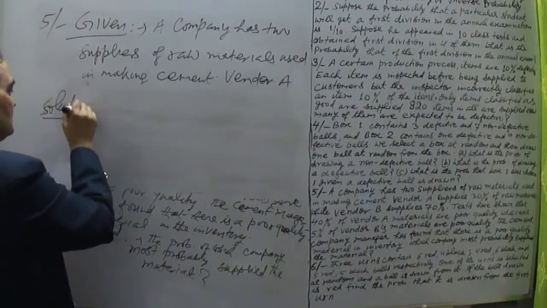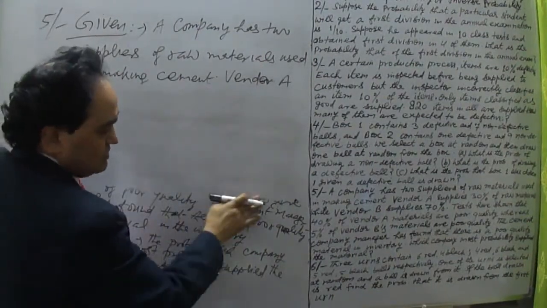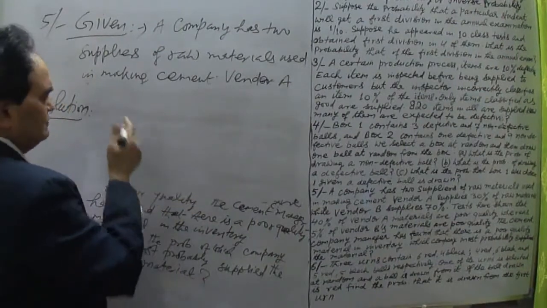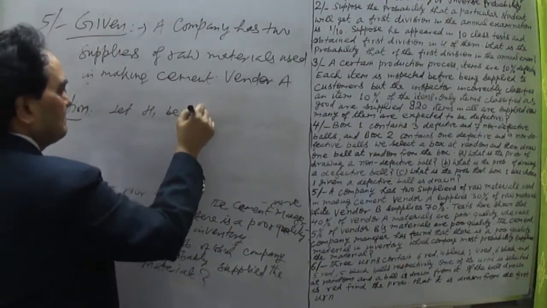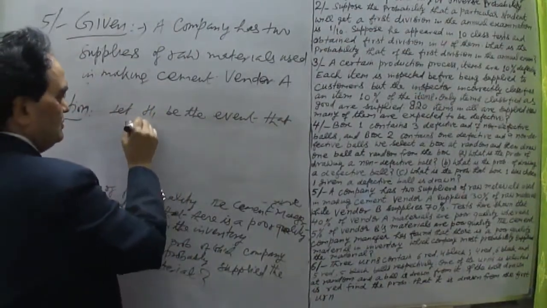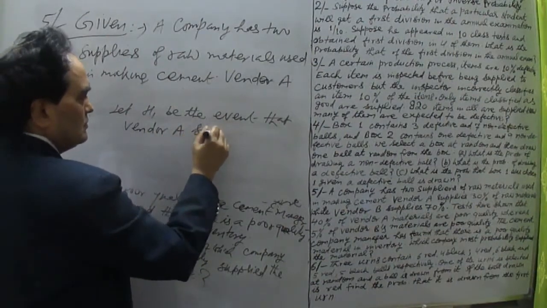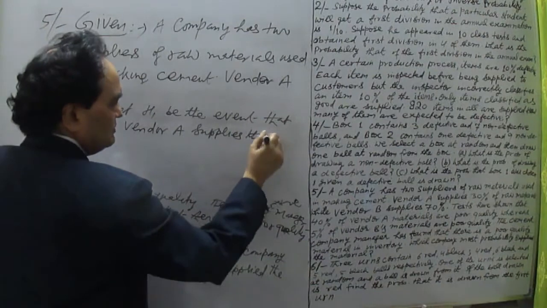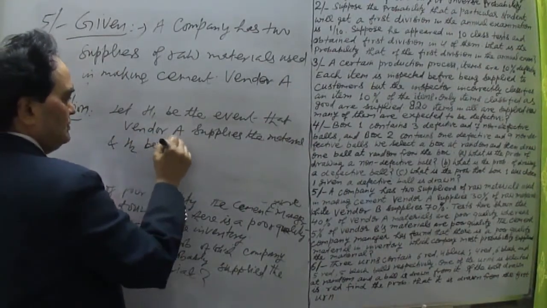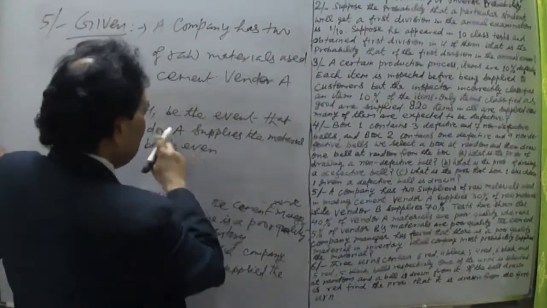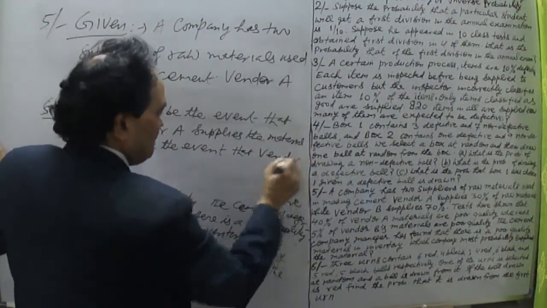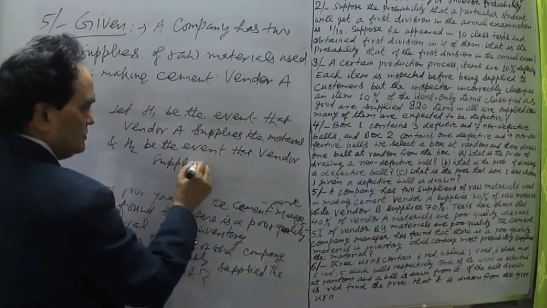Let H1 be the event that vendor A supplies the material, and H2 be the event that vendor B supplied the material.